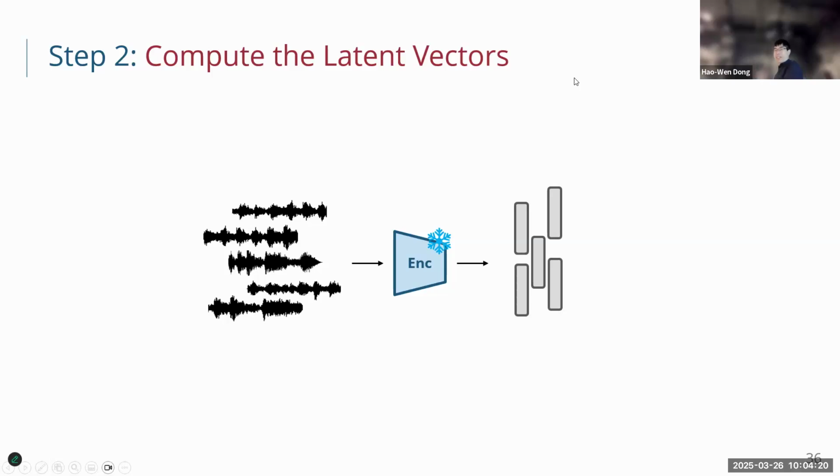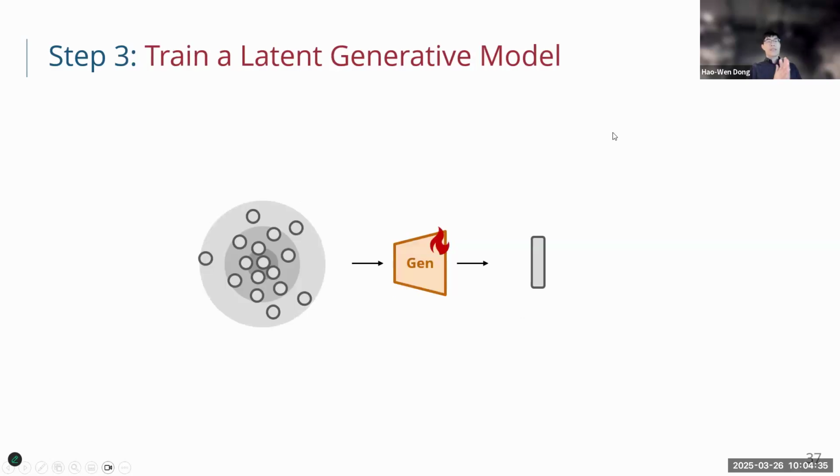So pretty much after this step, the waveforms are gone. They just turn into some MP3-like latent space representation, just a vector basically. So these vectors represent the original waveform, or a matrix.